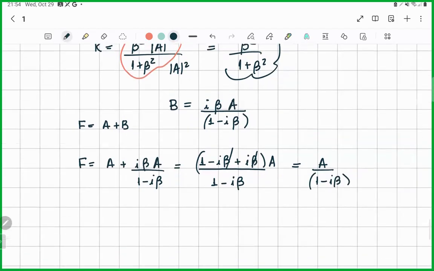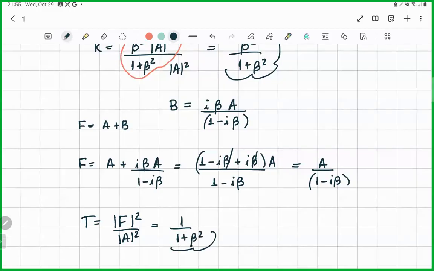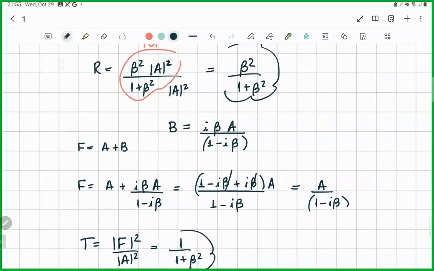So then our transmission coefficient is going to be 1 over 1 plus beta square.